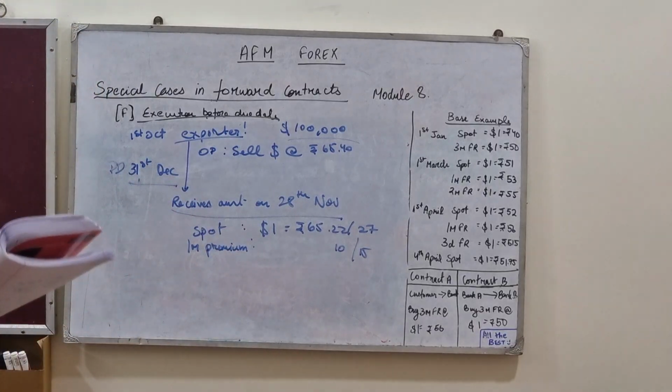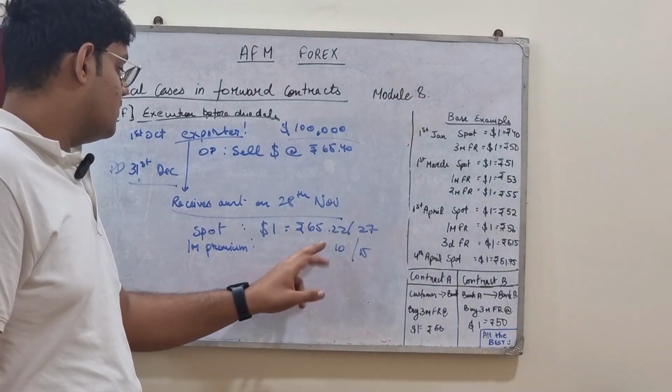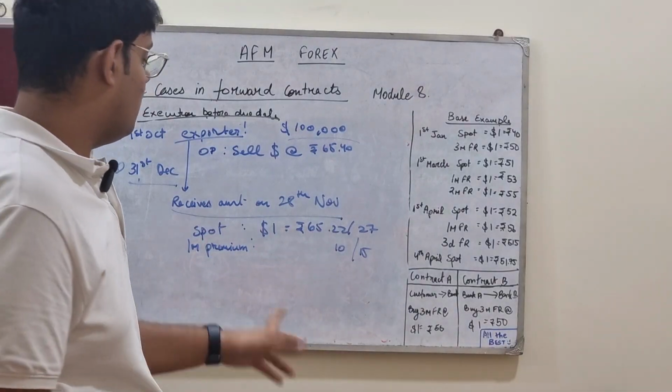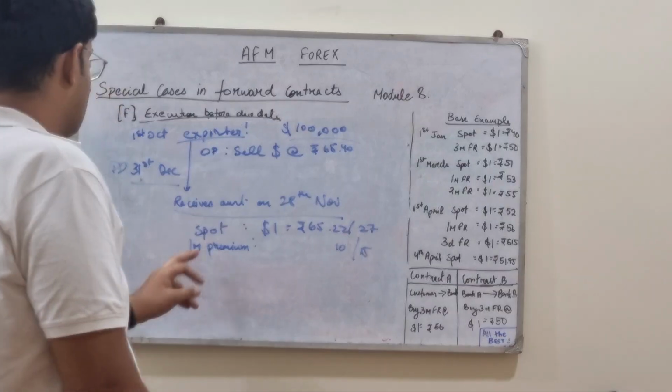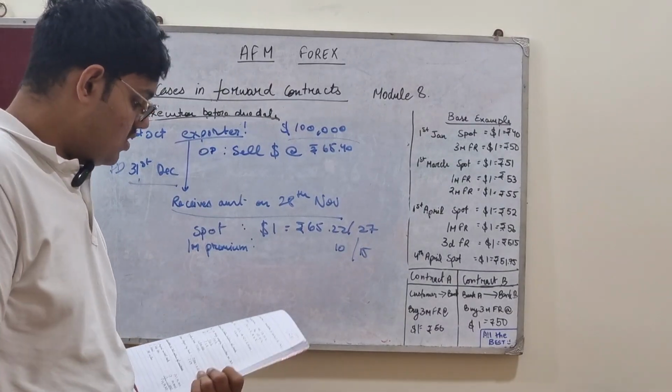The interbank rates on 28th November were as follows. That is, spot $1 is equal to 65.22 bid and 27 ask. 1 month premium is 10 and 15 respectively.